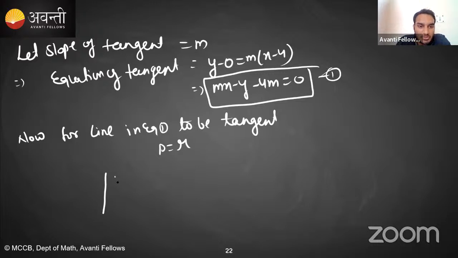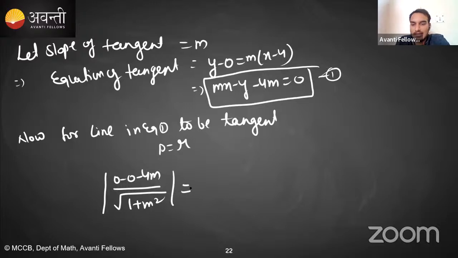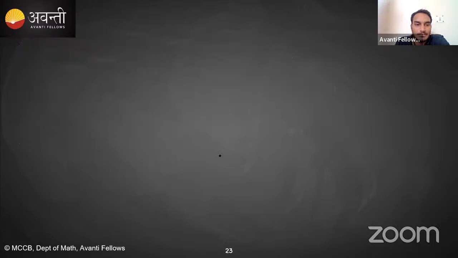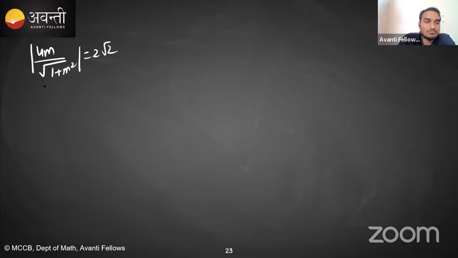So mod of 0 minus 4m upon under root of 1 plus m square should be equal to the radius. The radius is nothing but 2 root 2. So mod of 4m upon under root of 1 plus m square is equal to 2 root 2.